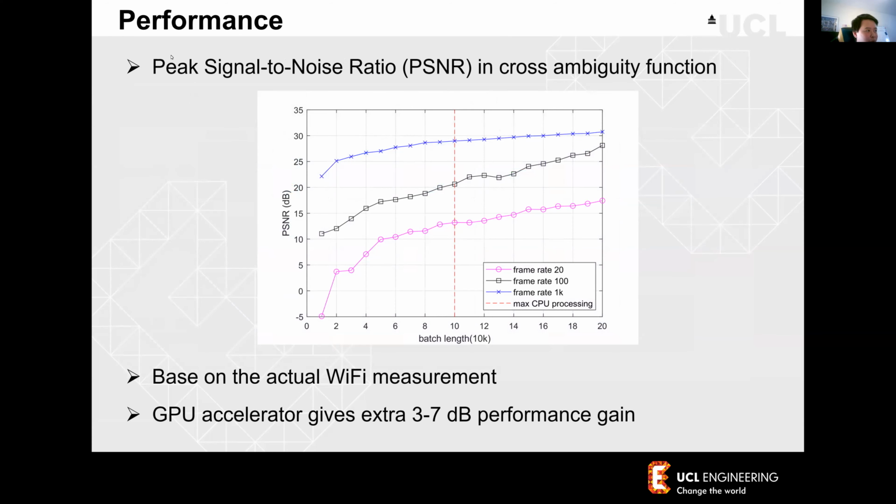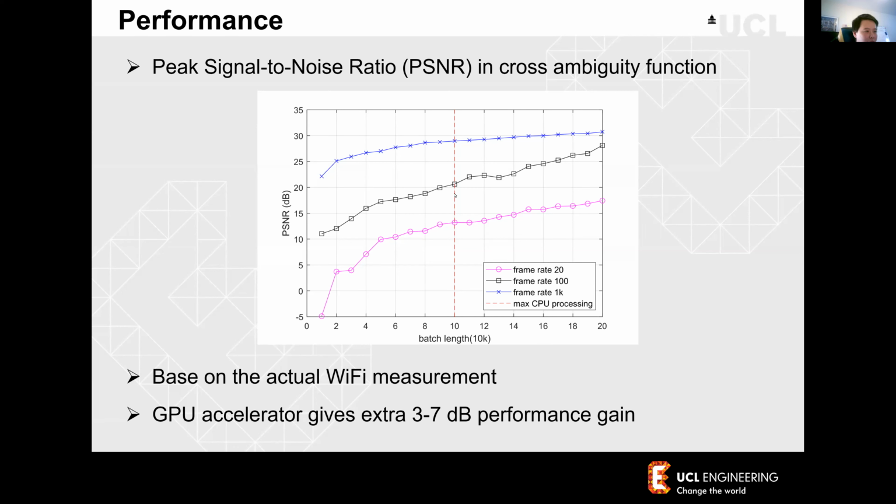So this is the peak signal to noise ratio against the batch length here. You can see this PSNR keeps increasing when the batch length increases as well. The red line here indicates the maximum the CPU processing can achieve.